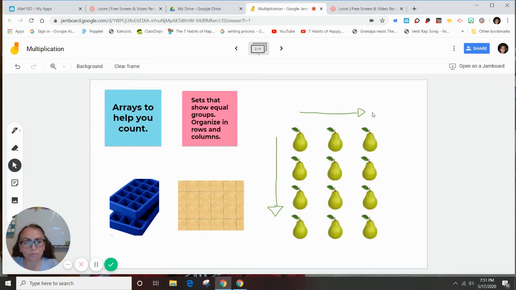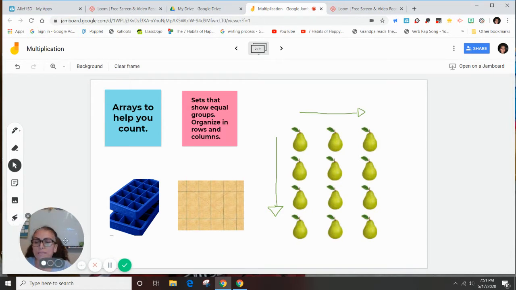So my rows and my columns. I'm going to have 1, 2, 3, and 4 rows, and I'm going to have 1, 2, 3 columns. So that's an array. When I organize my things into very well organized sets.